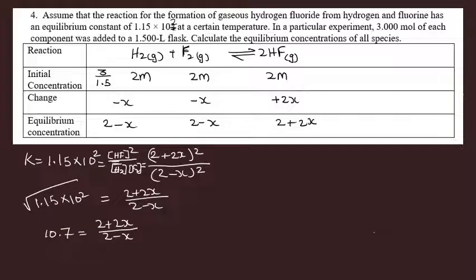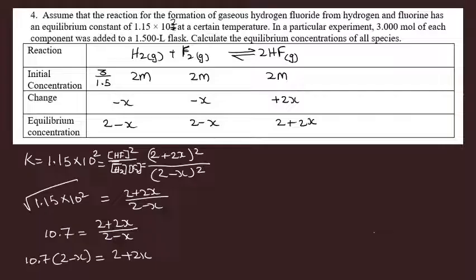And now we can multiply on both sides by 2 minus x to take off 2 minus x from the bottom denominator from the right side. So that is 10.7 times 2 minus x will give us 2 plus 2x. We do not have the denominator now because we cancelled by multiplying on both sides.